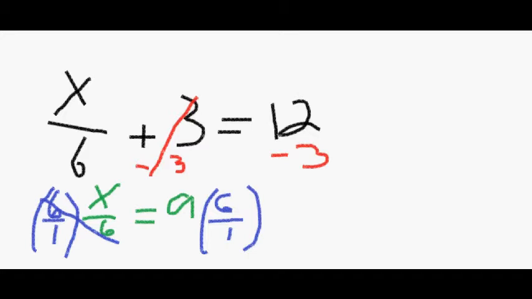Now we're left with x equals 9 times 6, which is 54. And that's the answer. So that's how you would do number 54. 55, 56 is distribution property.